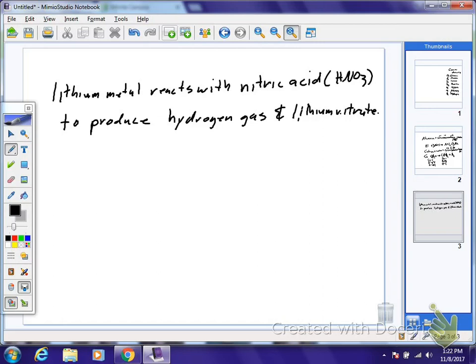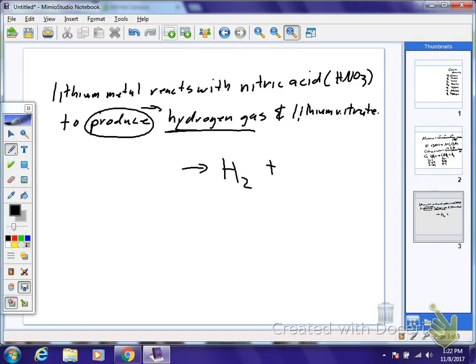So you just dissect this and just find what your reactants are. So anything it says it produces, that means it's like the arrow. Produces, that's your arrow. What's it produce? Hydrogen gas. So how am I going to write hydrogen gas? H2. There you go.